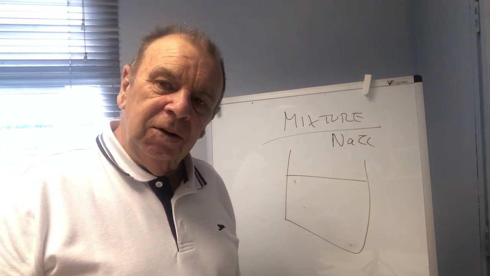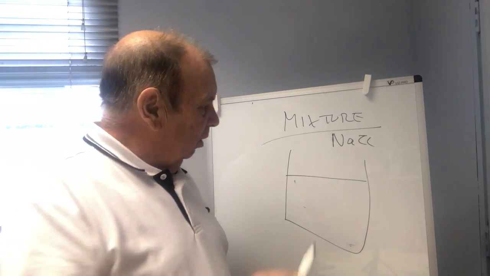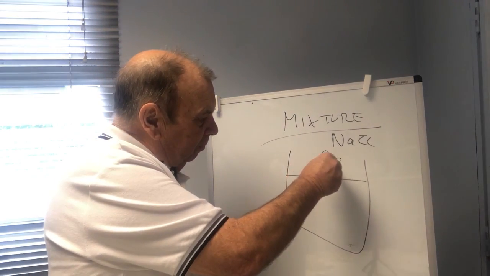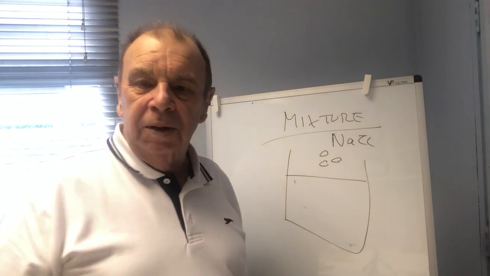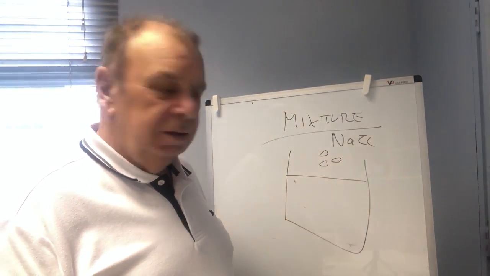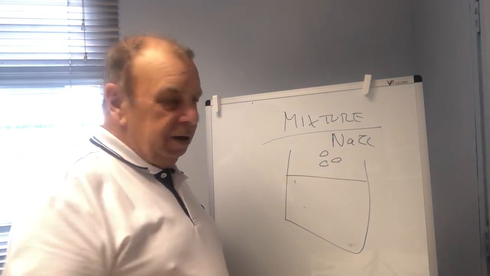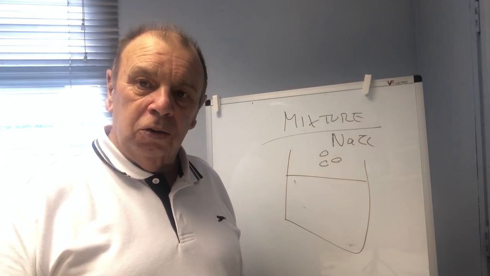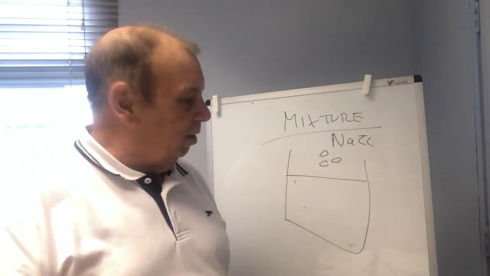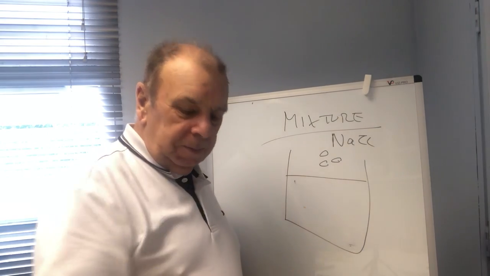So there's now a few different things I've just explained. The solid which is going to be dissolved in the solvent, and that is the sodium chloride, is the solute. The substance being dissolved in the solvent water.